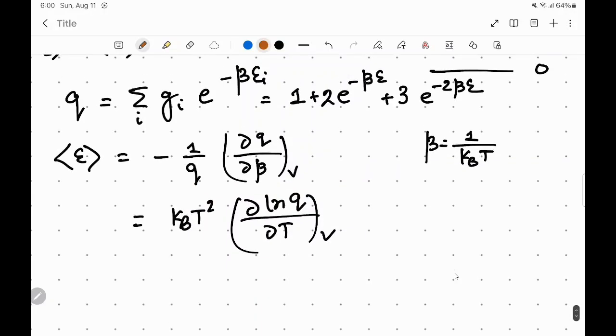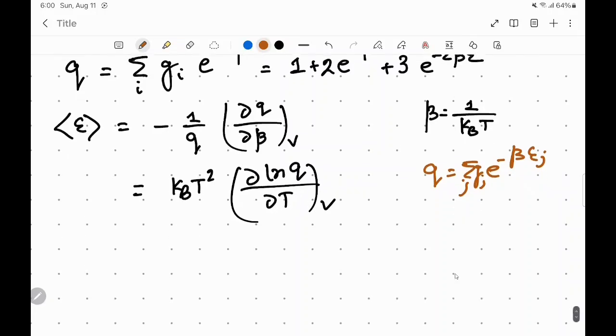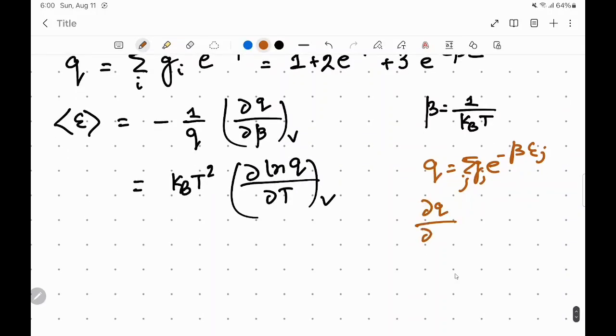You can do it easily. You know Q, right? Q is the sum over e to the power minus beta epsilon_j. When you differentiate with respect to beta, leaving g aside, you will get epsilon_j e to the power minus beta epsilon_j, and a minus term will be there.